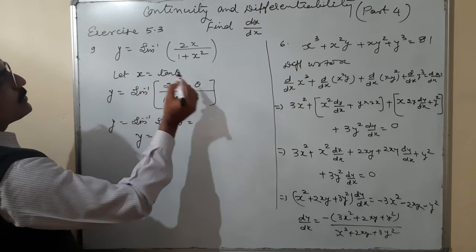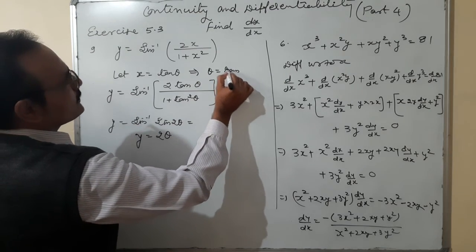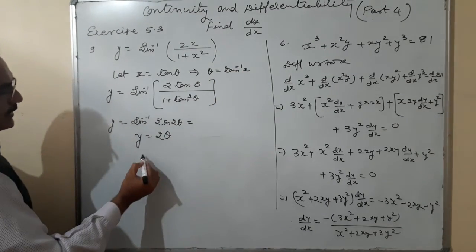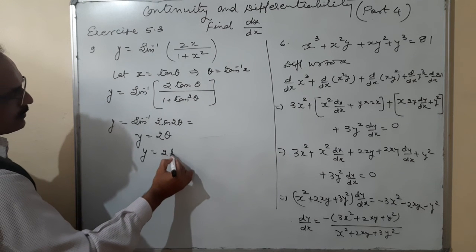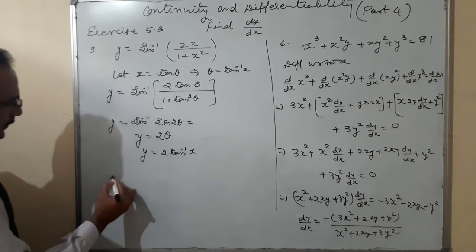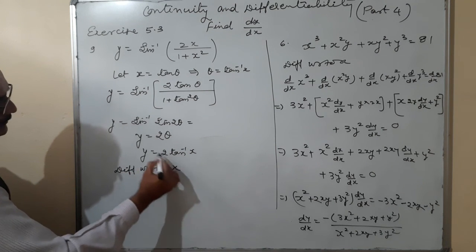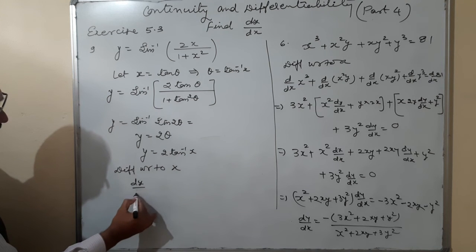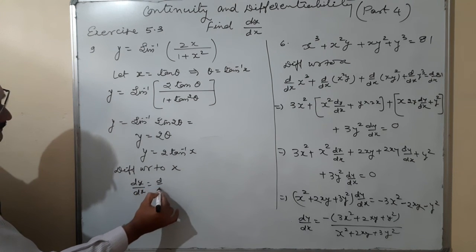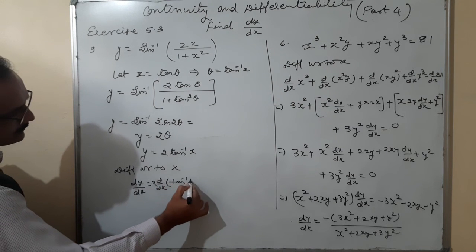So since x is equal to tan theta, this means theta is equal to tan inverse x. Okay. So I write here y is equal to 2 tan inverse x. And now differentiate with respect to x. dy by dx is equal to d by dx of 2 outside, tan inverse x.